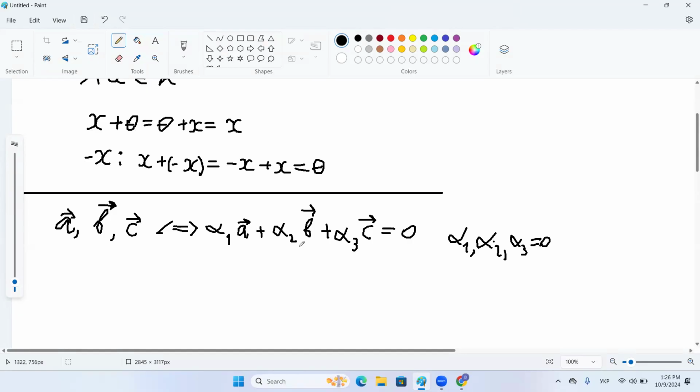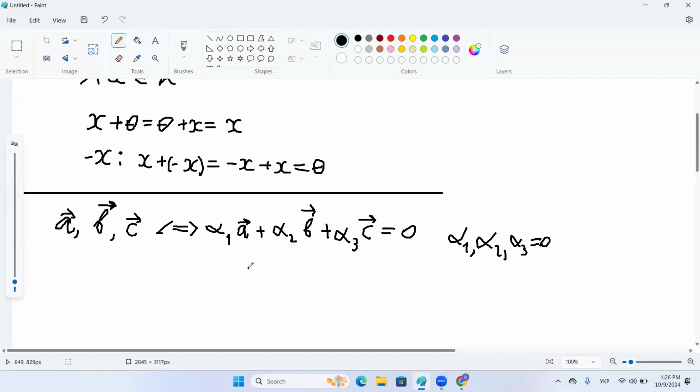If any of them is not 0 and this sum is 0, it means that these vectors are linearly dependent.